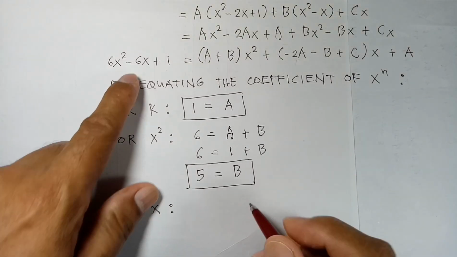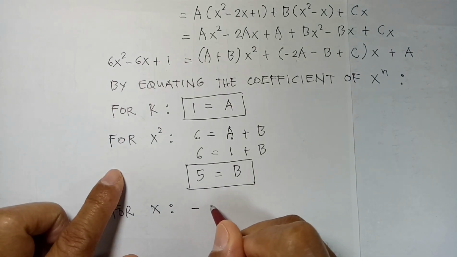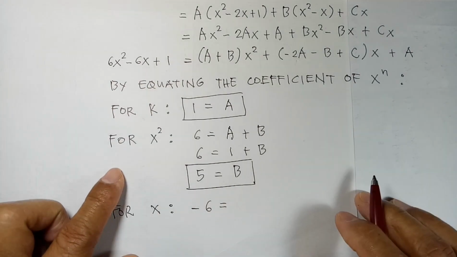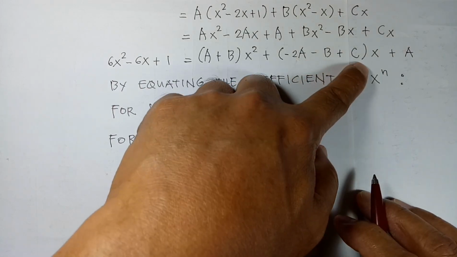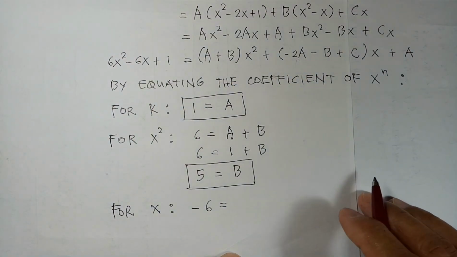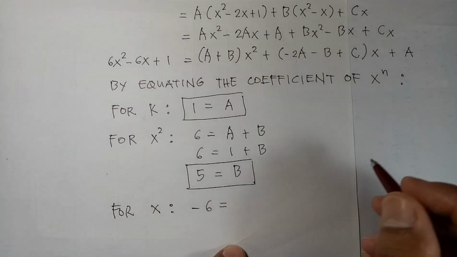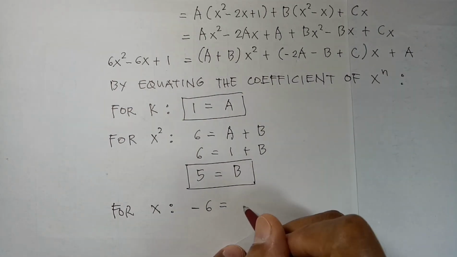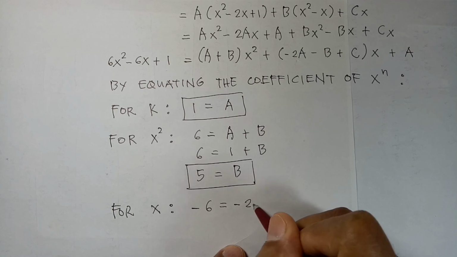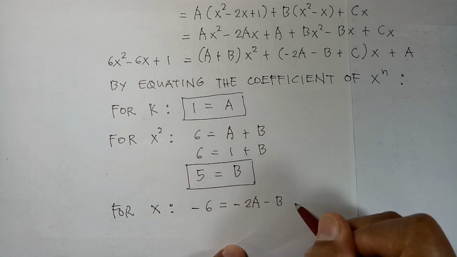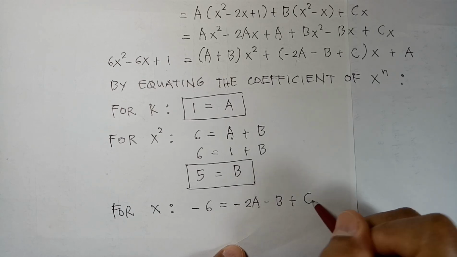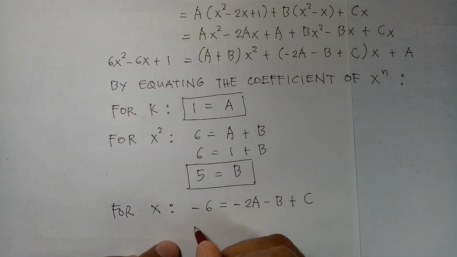So negative 6 equals negative 2a minus b plus c, the coefficient of x at the right side of the equation.